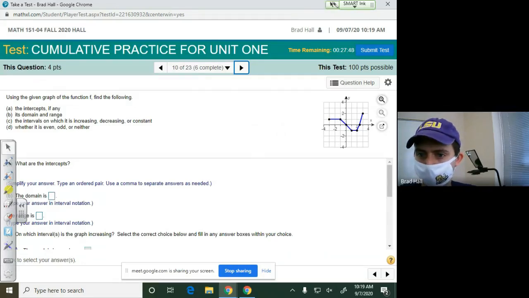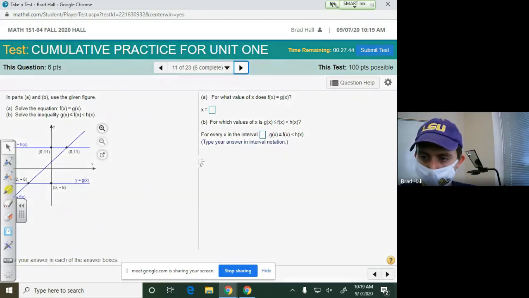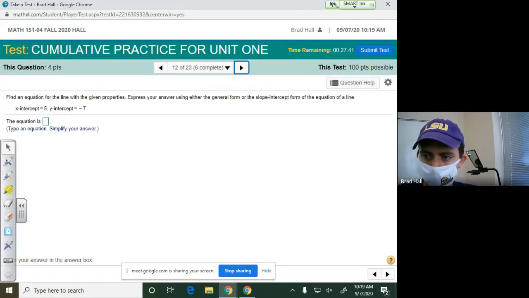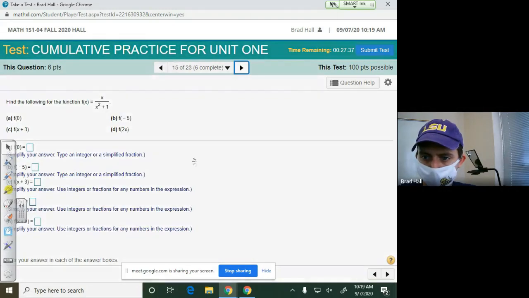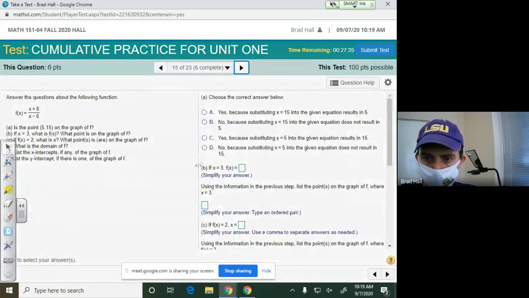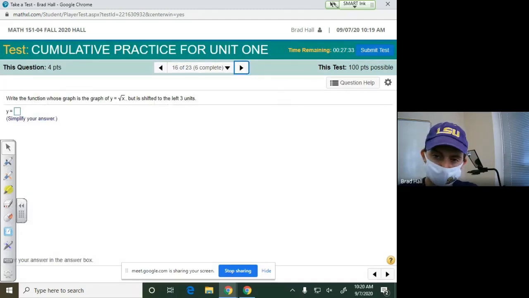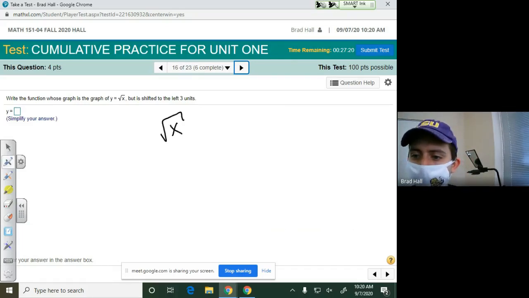I'm going to skip this one. We did this one in class. Maybe come back to that one. I think this is a type of problem you should be familiar with. Something that asks you to take some regular function like the square root of x and shift it to the left 3 units.